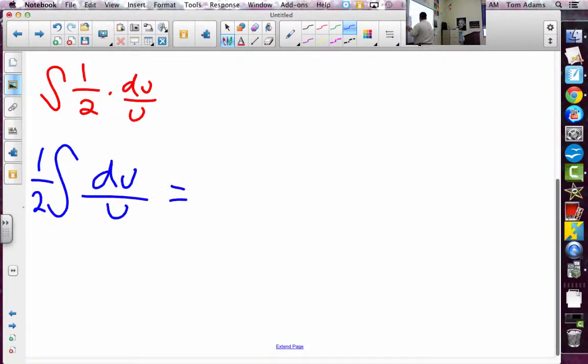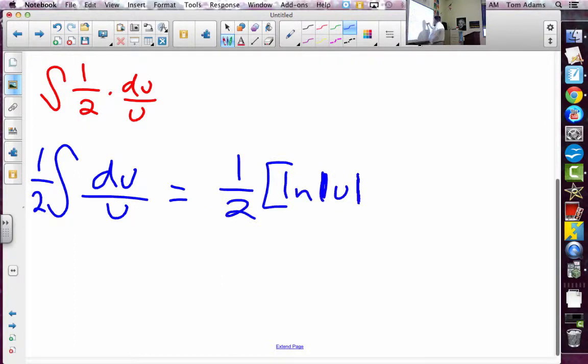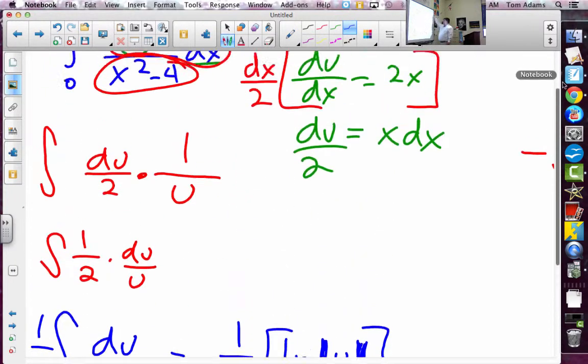Now we said that the antiderivative of that is going to be the natural log of the absolute value of u. Again, I didn't write down my upper and lower limits yet because I'm going to plug in all that stuff for u.